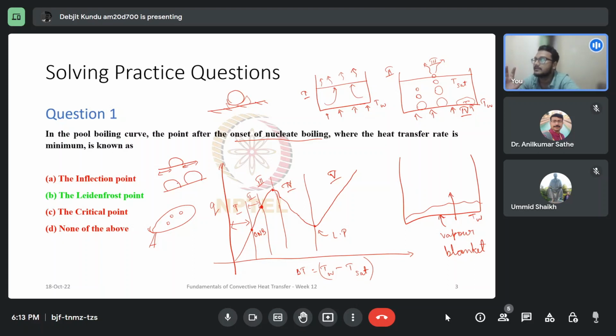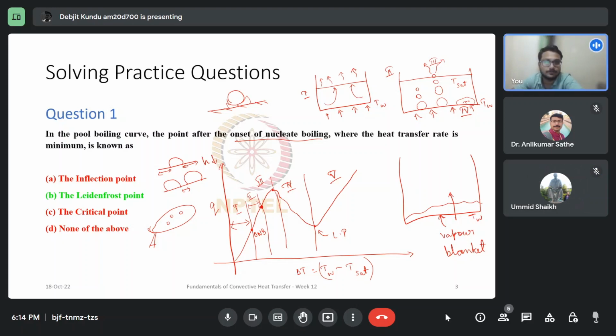They are getting bigger in size as well, and as a result, the area of heat transfer, the area of contact between the liquid and the hot surface, decreases. That's the reason why H decreases. Does that make things clear? Okay, sir.